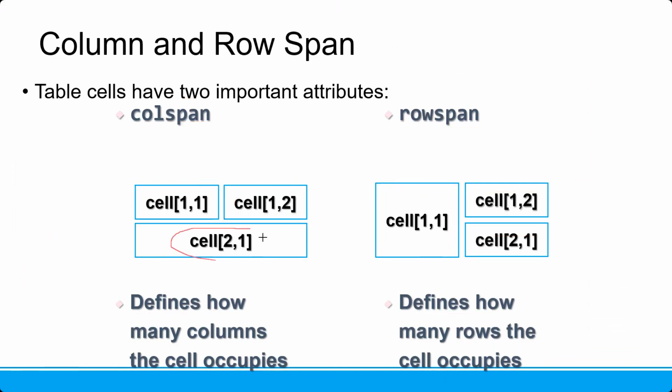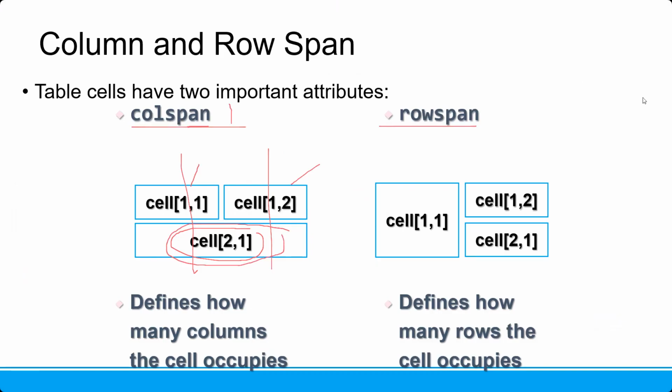This cell occupies two columns. Okay, so that's the definition of the column span and row span. If the column span is 1, then it is one cell each. But if the column span is 2, it means I have two columns for one cell.